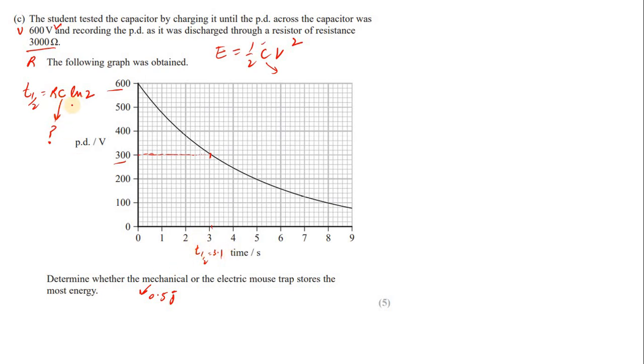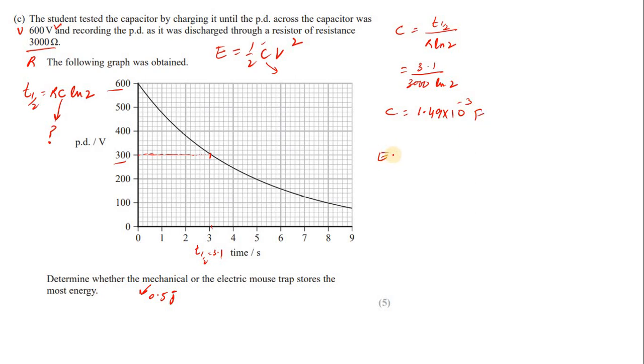Now you can use this formula to find capacitance. Capacitance is T half divided by R ln 2. T half is 3.1 divided by 3000 ln 2. So C is equal to 1.49 × 10^-3 farad.